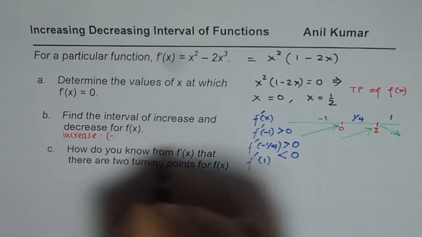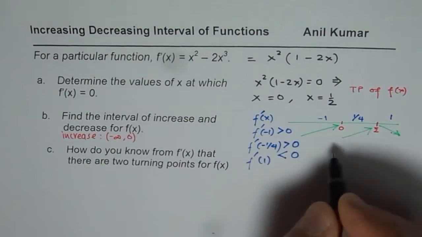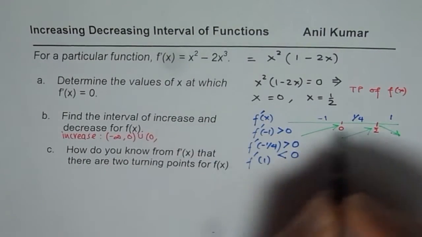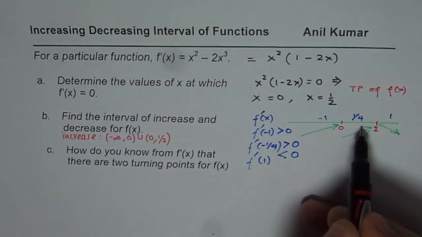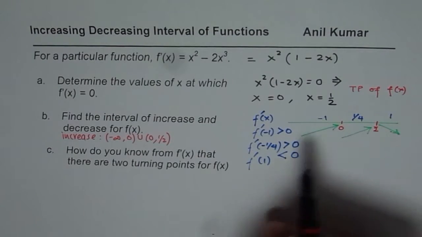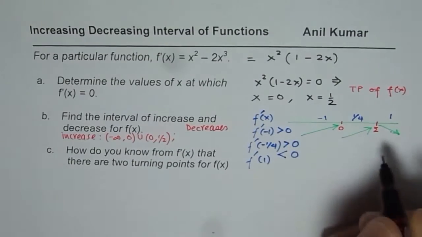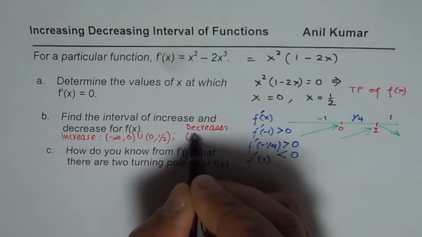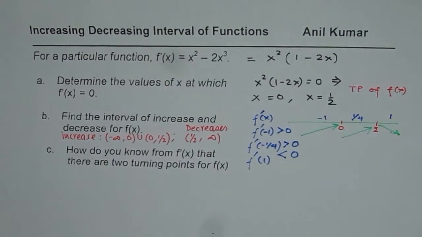That is the interval of increase, since the derivative in that region is positive. On the other hand, the interval of decrease will be from half to infinity. During that period, the function will be decreasing. So that is how the derivative gives you the intervals of increasing and decreasing.